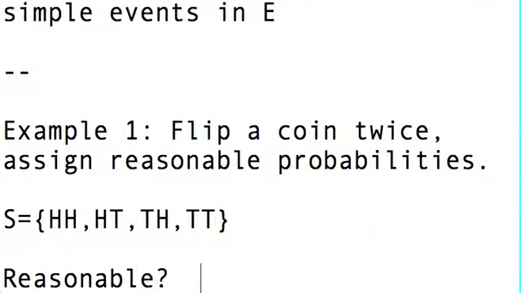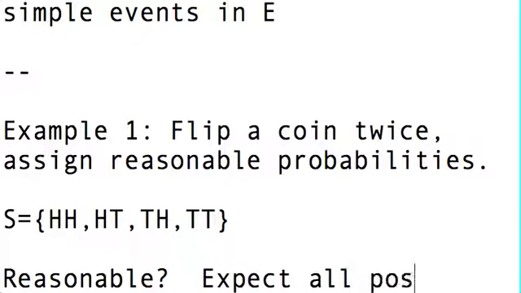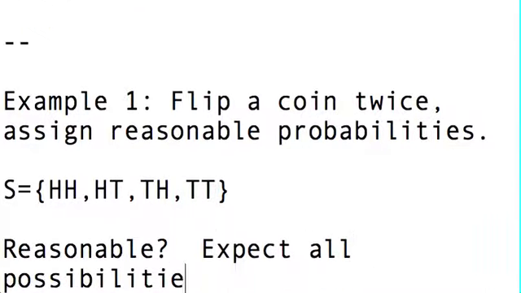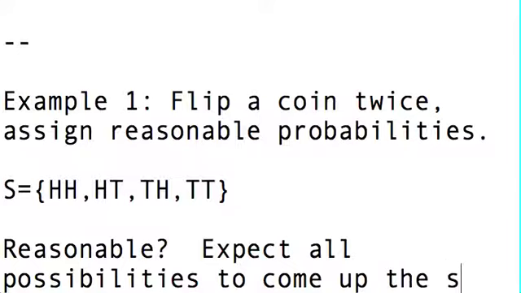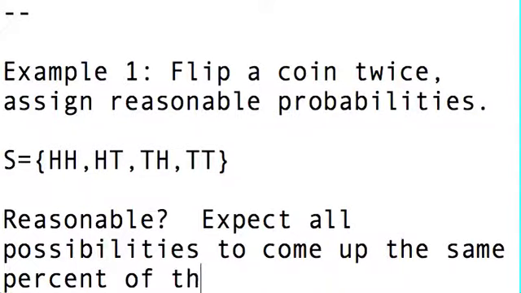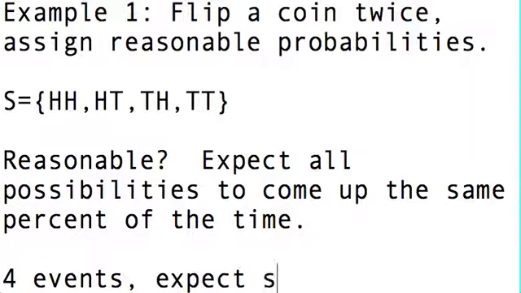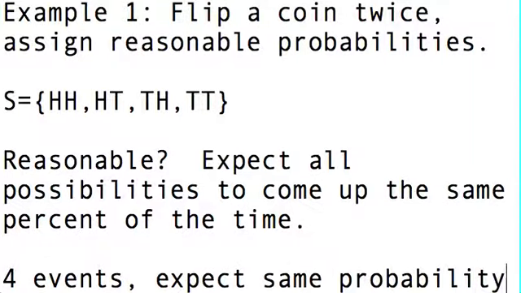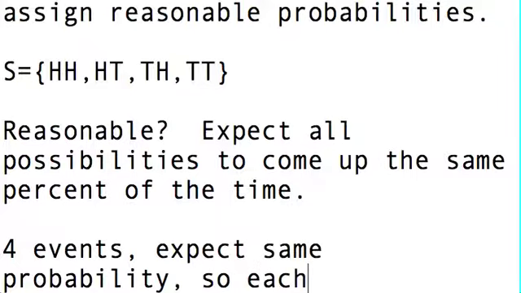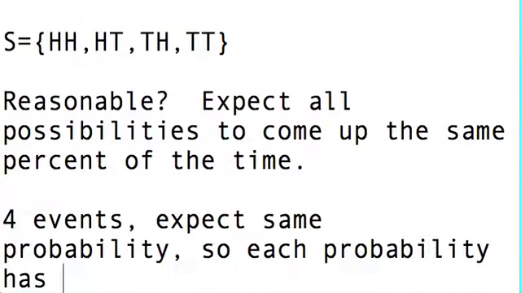Well, we might expect all possibilities to come up the same percent of the time. It should be completely random. So we have four events, and we expect the same probability. So each probability has to be 1/4, which is 0.25.